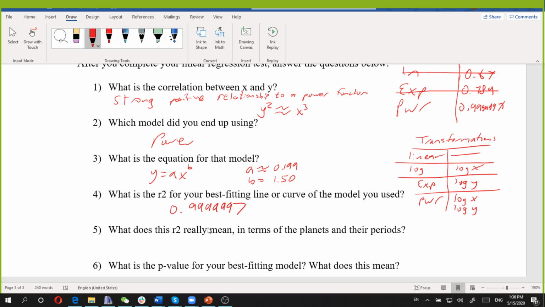What does it mean when I say there's a strong relationship between the planet's distance to the sun and their period?